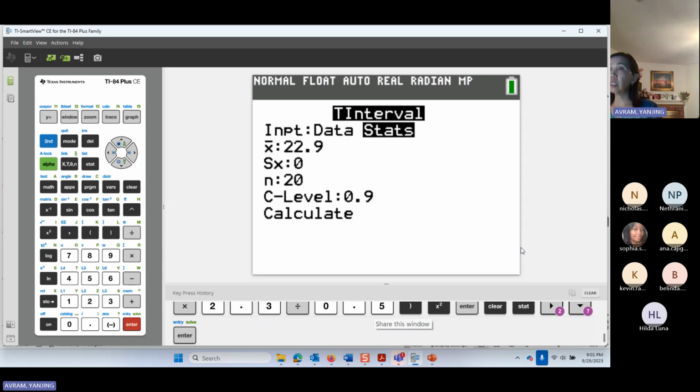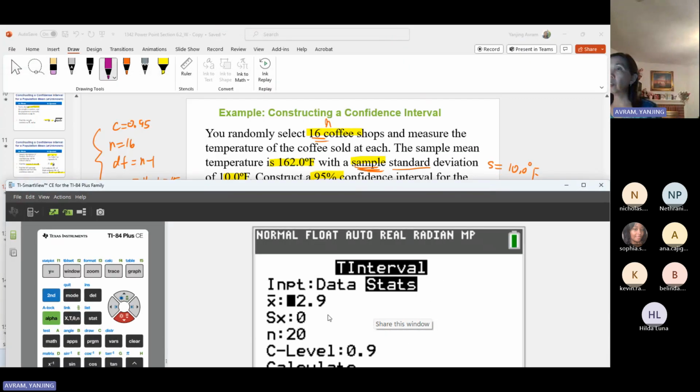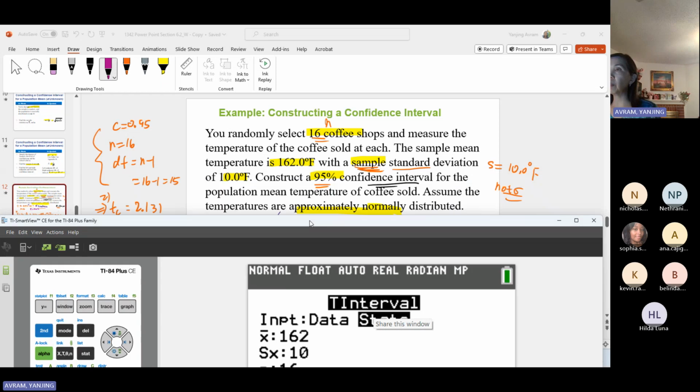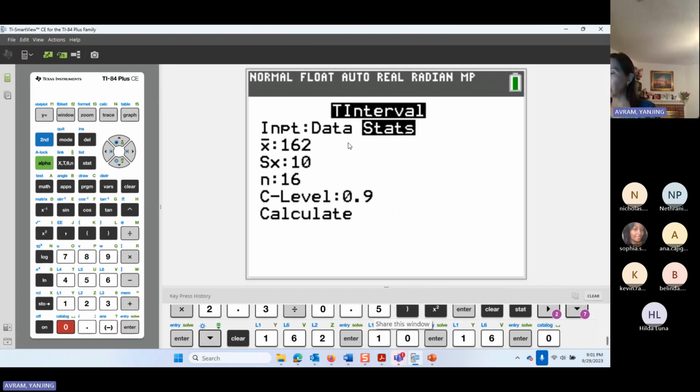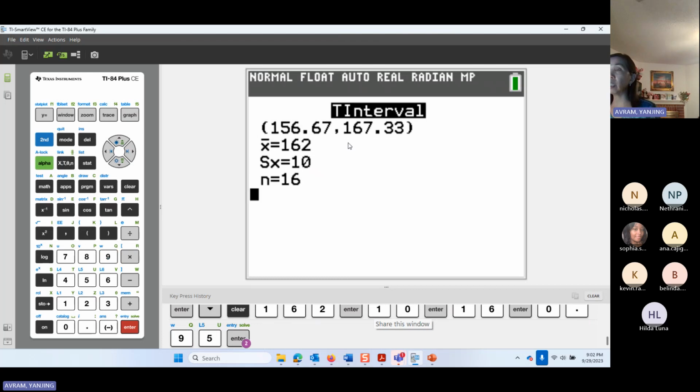Same thing, since I already have sample statistics, I'm using the stats option here. So x bar is 162.0, it's just 162. Sample standard deviation is 10, sample size is 16, and then we want a 95% confidence. So I have 0.95, and then I just go ahead and hit calculate, okay?